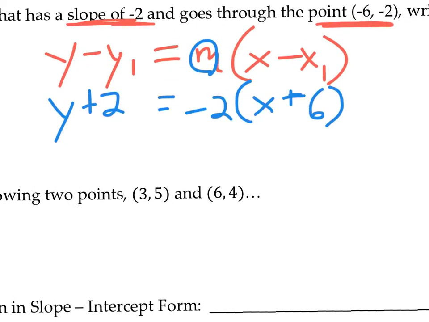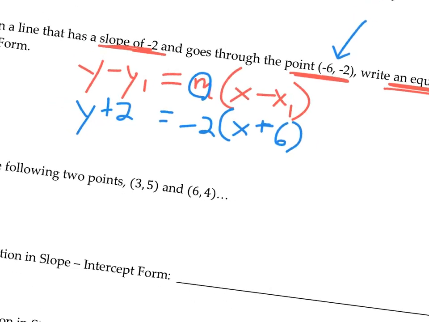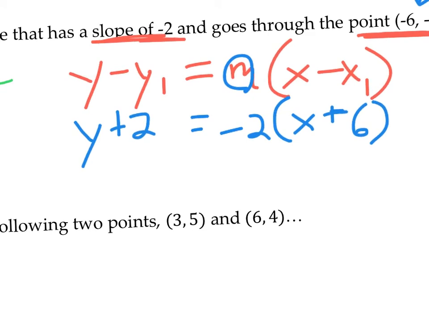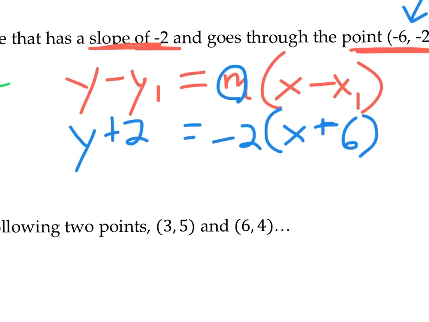So then I have an equation. I just have to make sure I write it in slope-intercept form. That's the kicker. It just says that you need it in slope-intercept form. But we can do that pretty easily because distributive property is light work. -2x and -12.